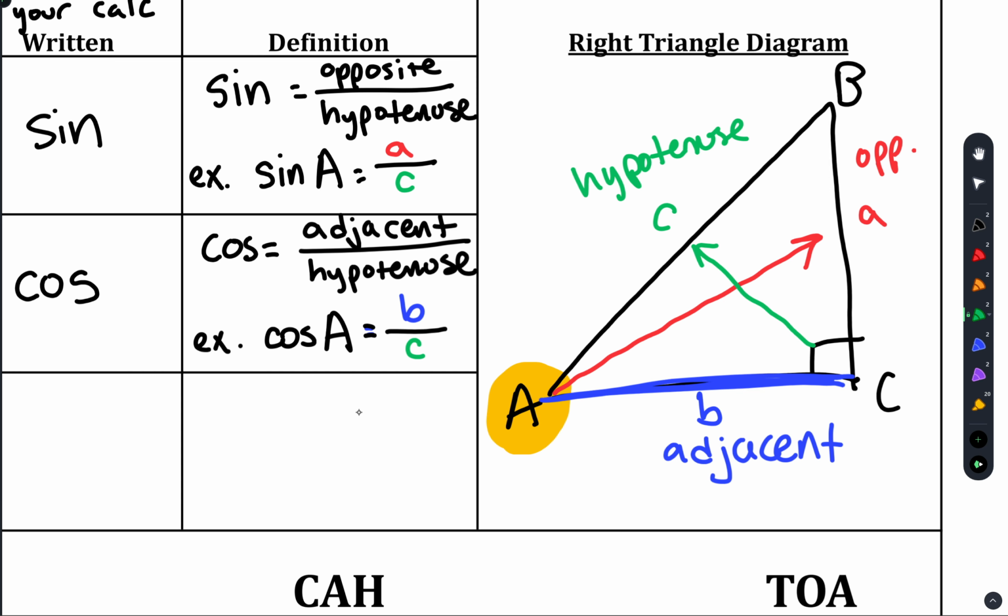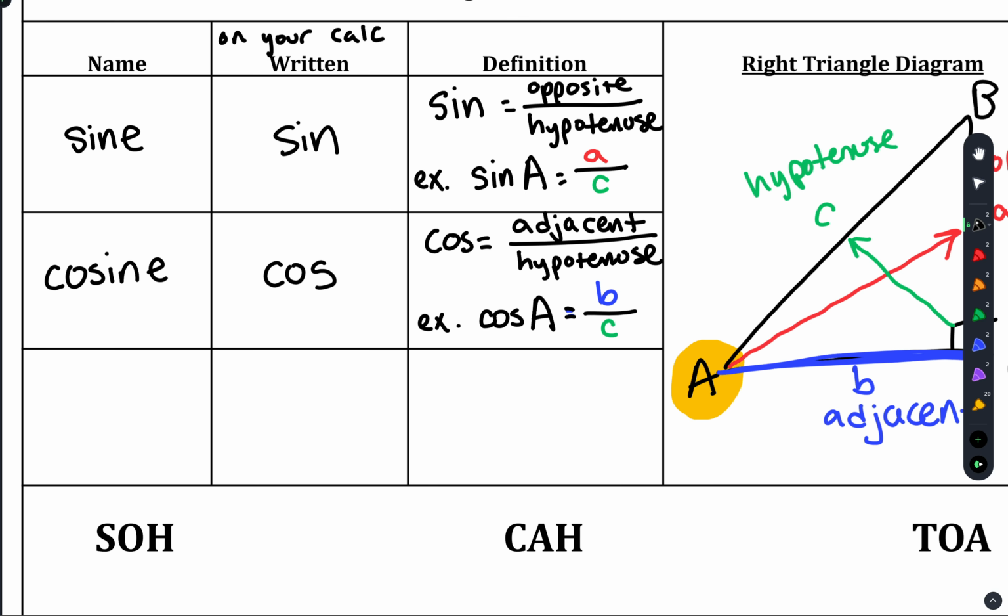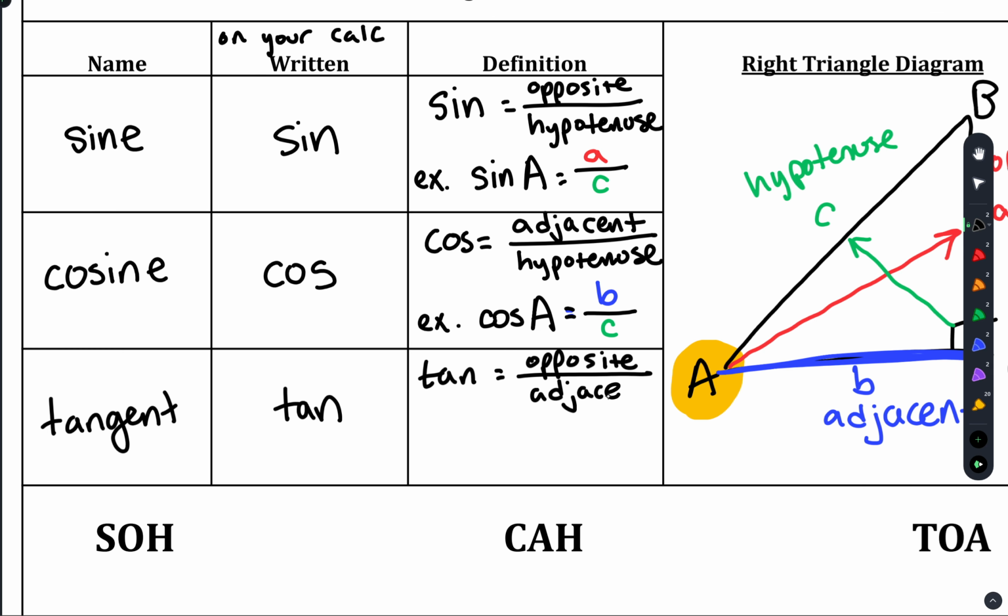All good so far? And then the last one is tangent. In your calculators, that's abbreviated as TAN. And now tangent is the relationship between opposite side over adjacent side.